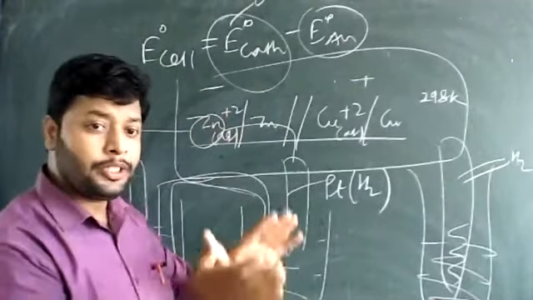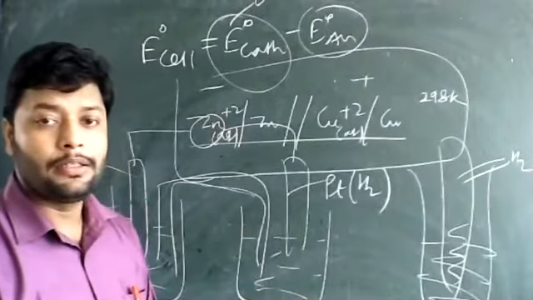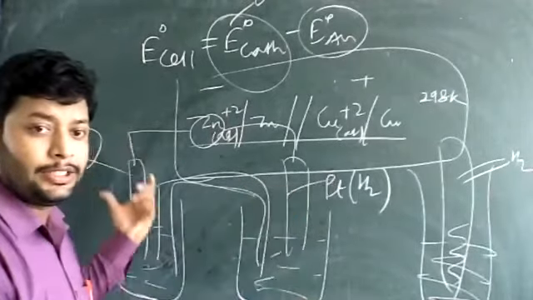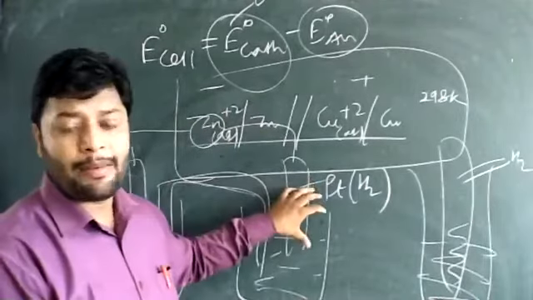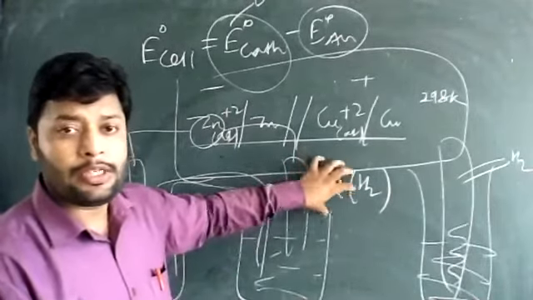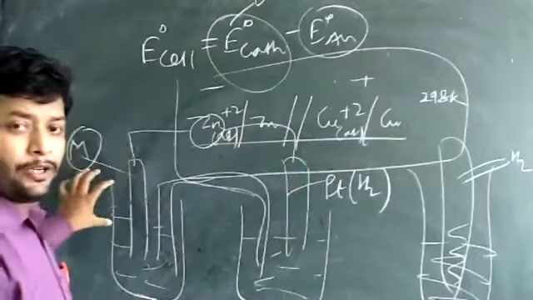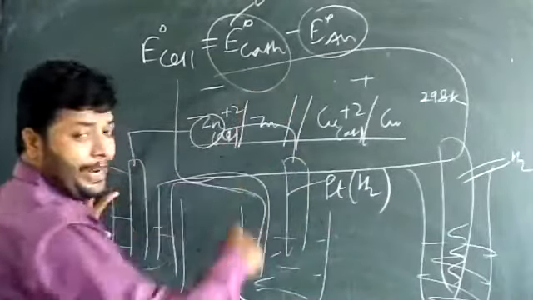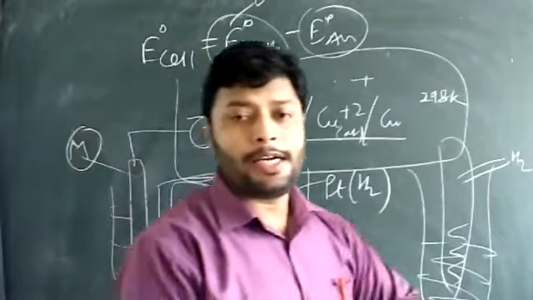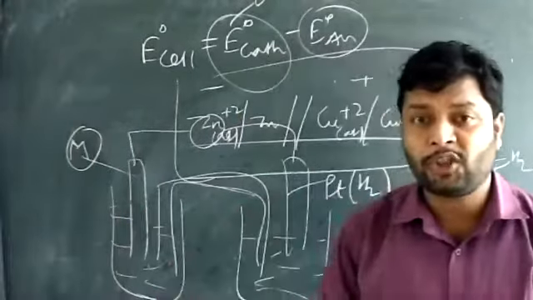The opposite will be true when hydrogen acts as anode. In any electrochemical cell where the hydrogen electrode acts as anode, the other electrode must have a positive value.